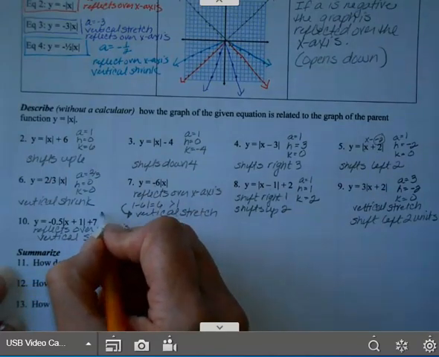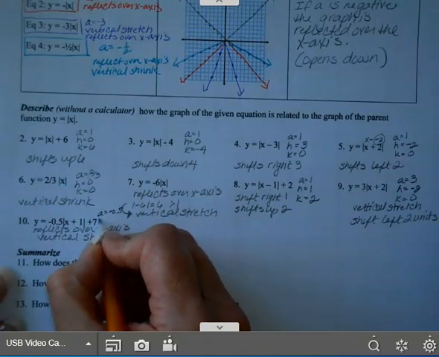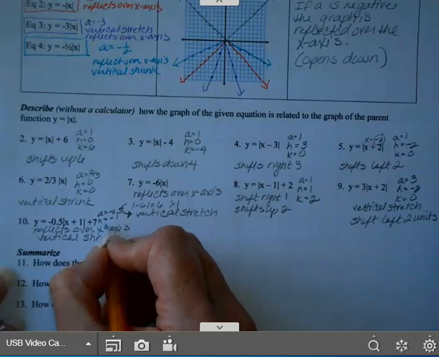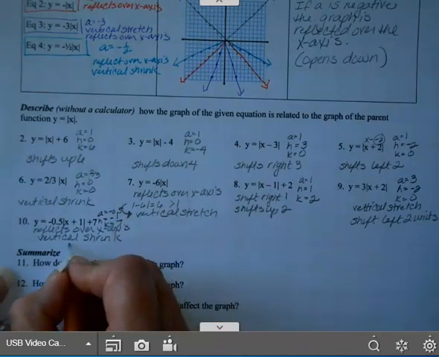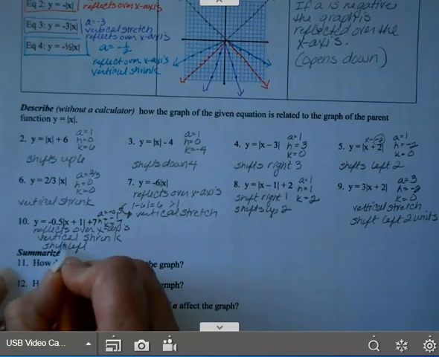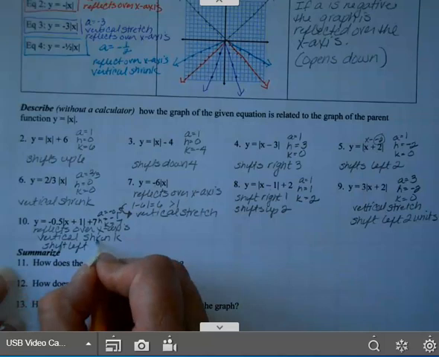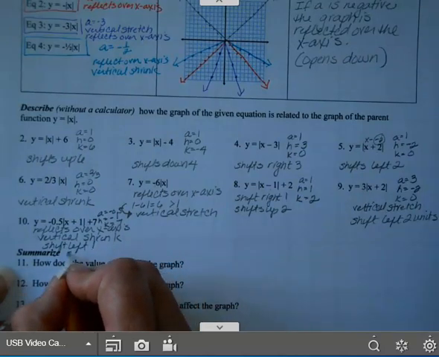Okay, so I didn't write A, H, K. A was -0.5. H was -1, and K is 7. So it's going to go left 1, and it's going to shift up 7.